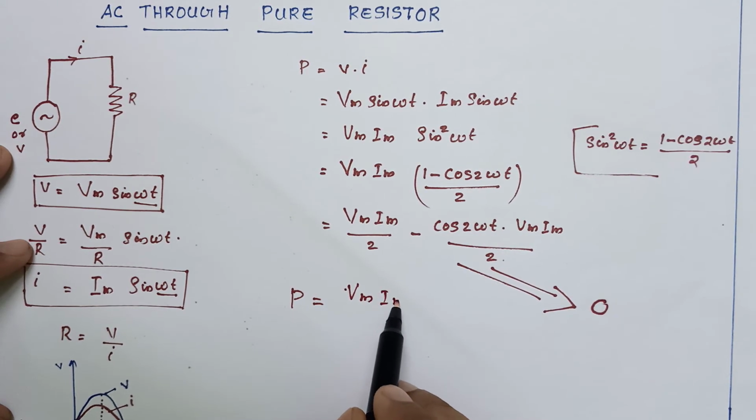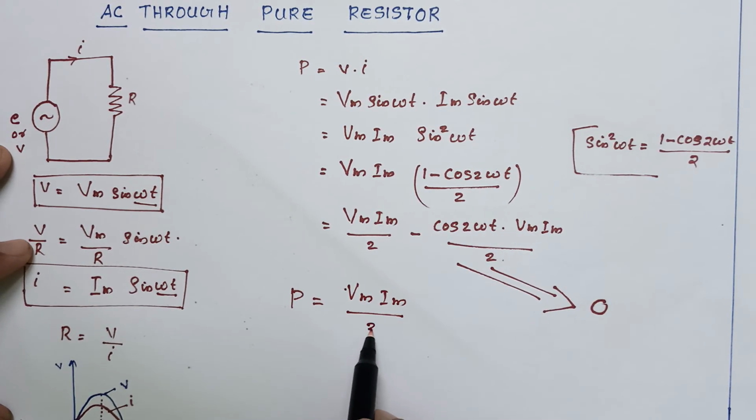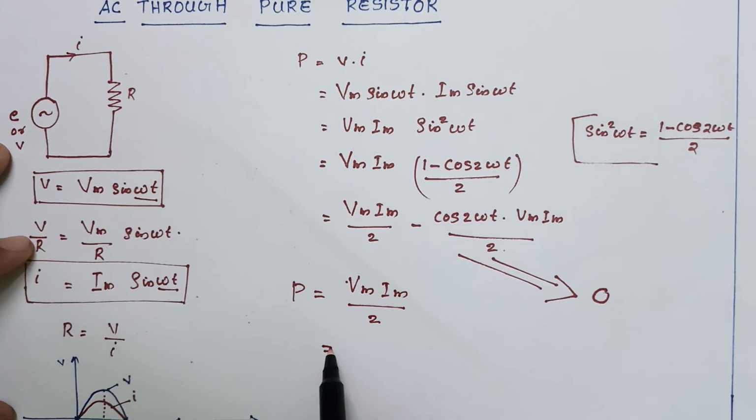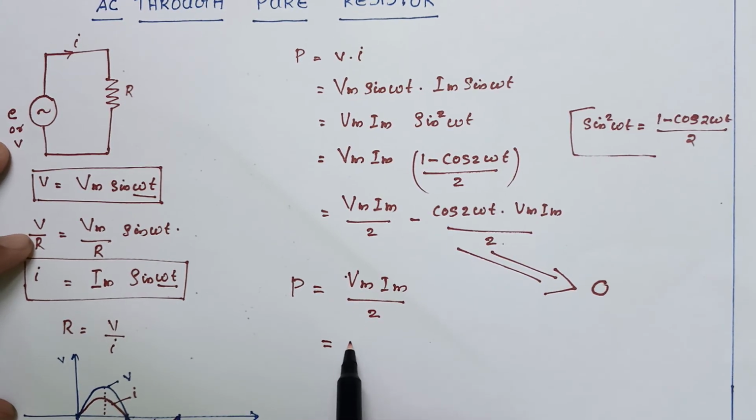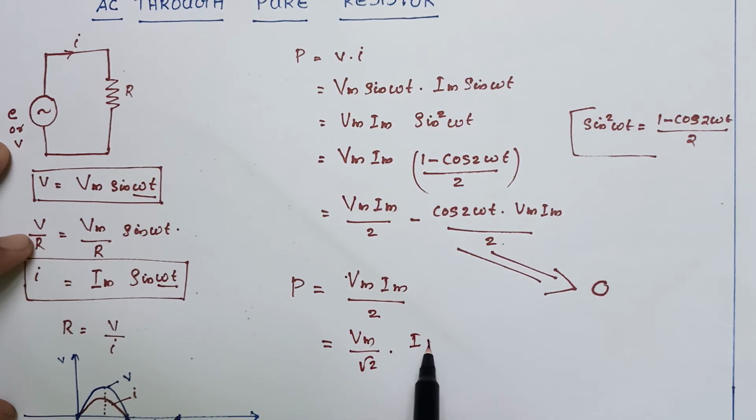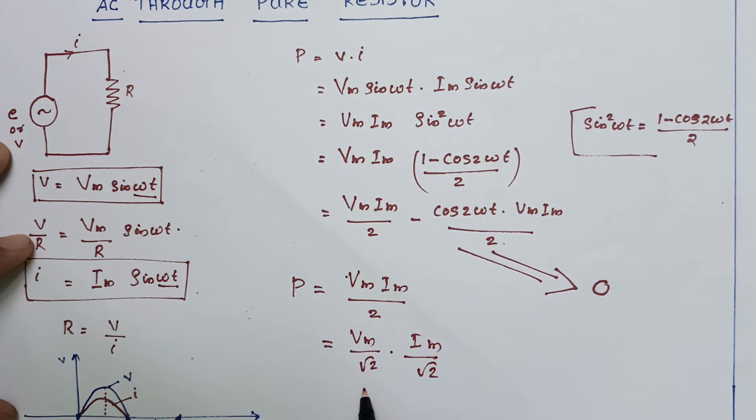So we get P is equal to Vm Im by 2. And we can simply write it as Vm by root 2 into Im by root 2. What is this Vm by root 2?